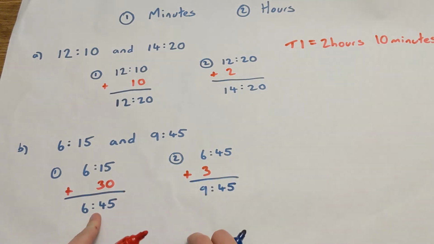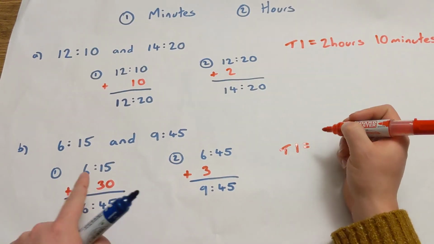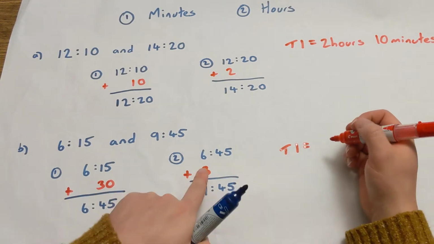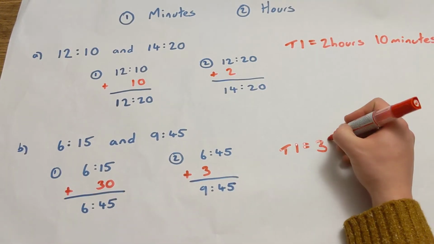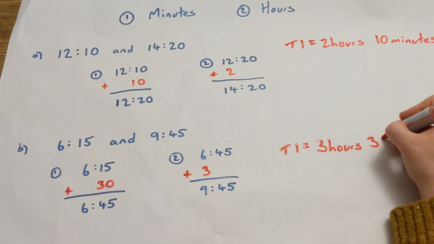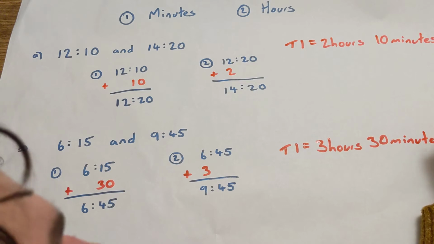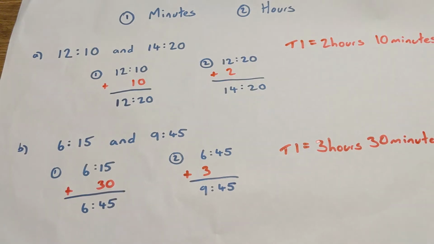There's my start time down to my end. So overall, what I've had to add on to get here is 3 hours and 30 minutes. Or if we wanted to be fancy, we could say 3.5 hours. Either of those is fine.